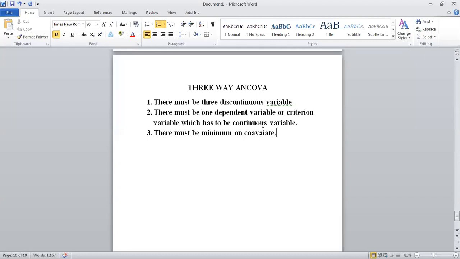See, this is important. I said minimum. I'm not saying maximum. So minimum one covariate. But if you want to have 3 covariates, you can have. If you want 4 covariates, you can have. But each covariate must be continuous.